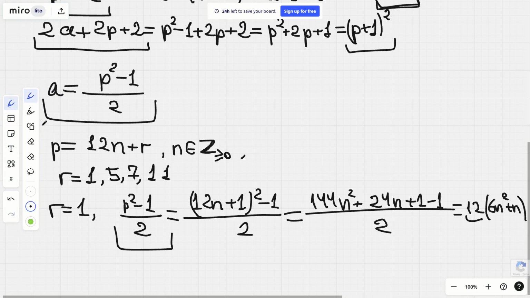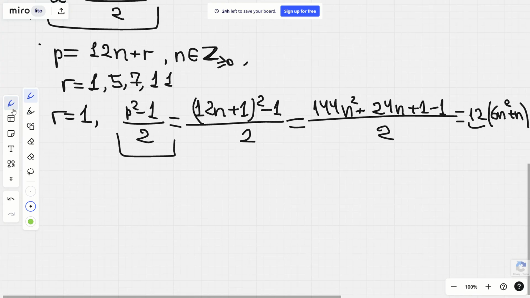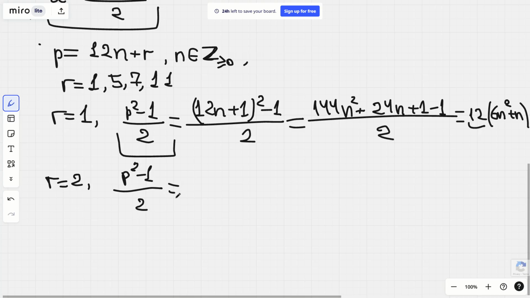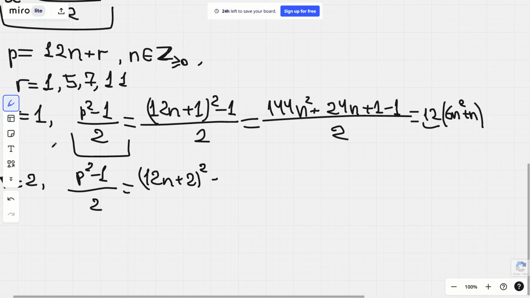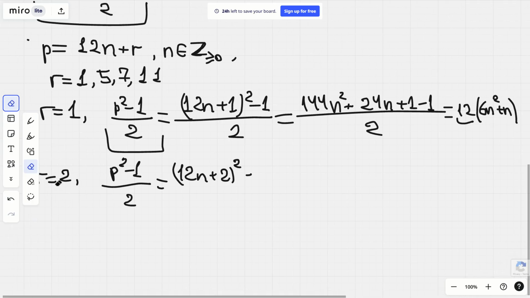Now we can solve for r equals 5. Sorry for the mistake.